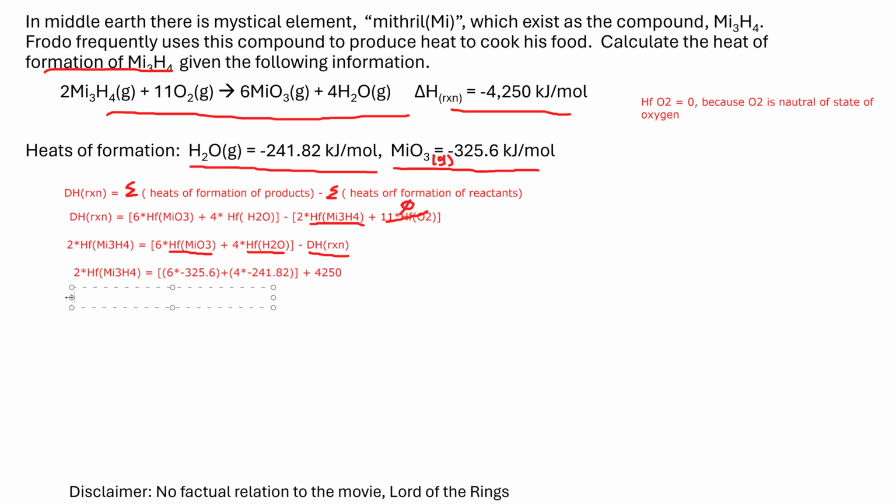So now, if we simplify this, we get negative 2,920.88 plus 4,250.